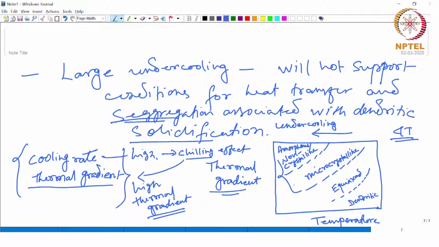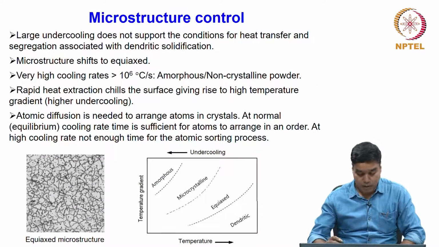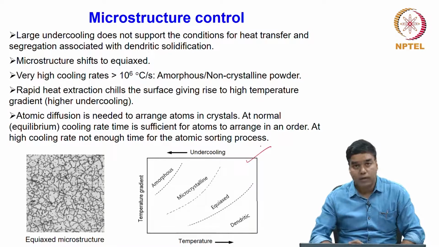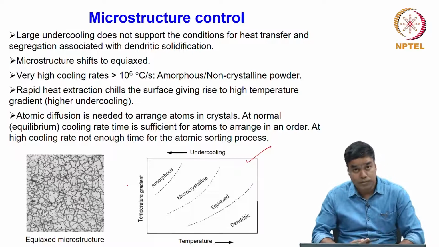Okay. So, apart from this transition between dendritic to equiaxed kind of microstructure, the process parameters can also have an effect on the transition between crystalline to amorphous, okay, which is depicted over here also in this particular diagram that we have discussed before. Depending on these three parameters, temperature, undercooling and thermal gradient, which are actually interrelated to each other.